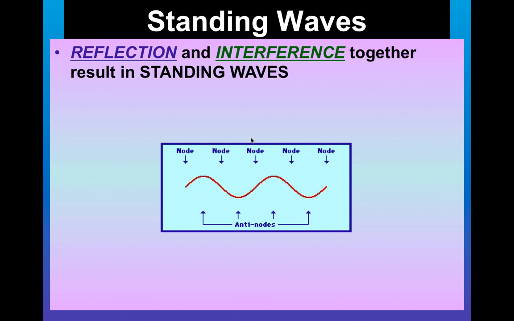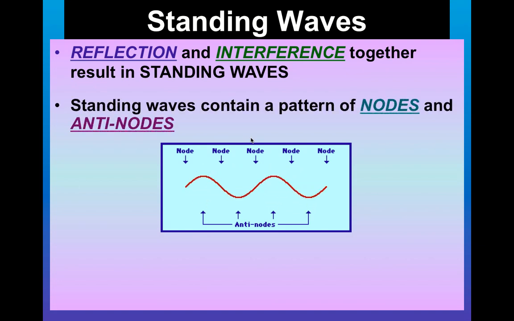And we have interference, because as this wave is traveling, you have this interfering of constructive and destructive positions. So standing waves contain a pattern of nodes and antinodes. A node is at maximum destructive interference, and if you look at this picture, a node is all the points along your equilibrium line.